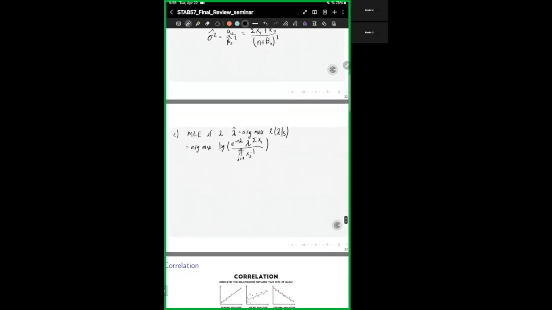This one is equal to argmax of, we can just take this out entirely. So this one is equal to argmax of negative n lambda. Move this one out, and then plus, we can take this one out and then move this one.